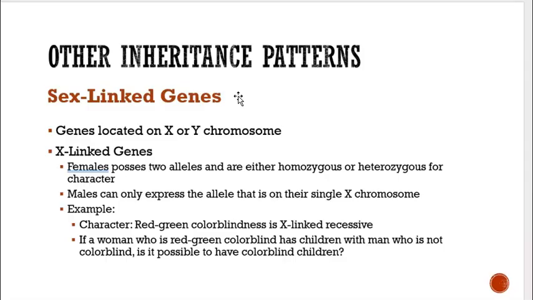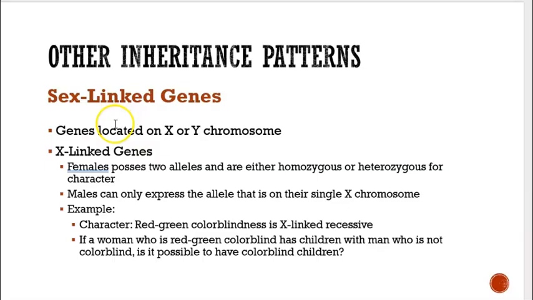So we use this little phrase: whatever is on the X is expressed. There's no way to hide whatever condition is on the X chromosome, because there's not another allele. Males cannot be carriers for an X-linked genetic disorder, whereas females can be carriers for an X-linked genetic disorder.